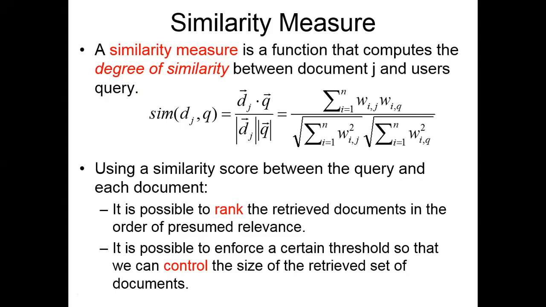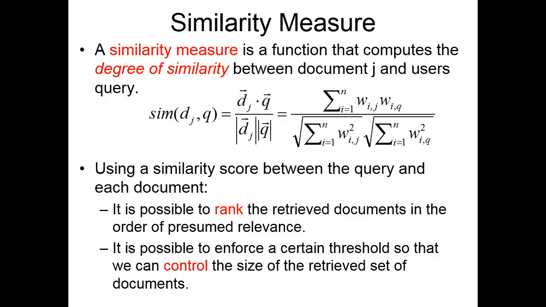That will give us the dot product. Then we have to normalize it. When we are normalizing, we have to divide by the length of the terms available in document J, multiplied with the terms available in the query.